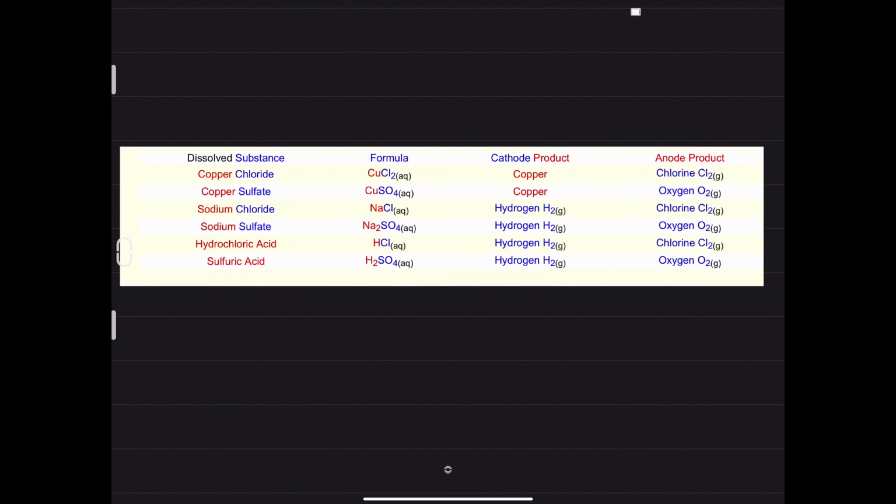Generally, once you're confident in this, you should get into the habit of predicting it based on the reactivity series rather than by memorization. But for now, can you take down these aqueous solutions and their corresponding cathode product and anode product?